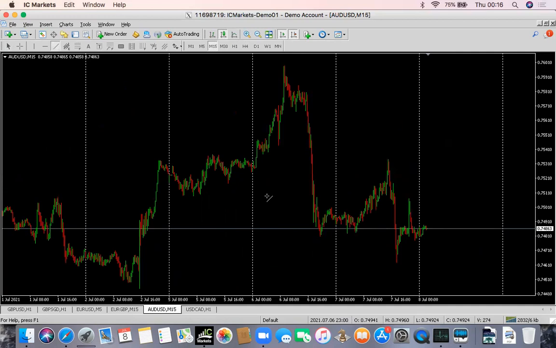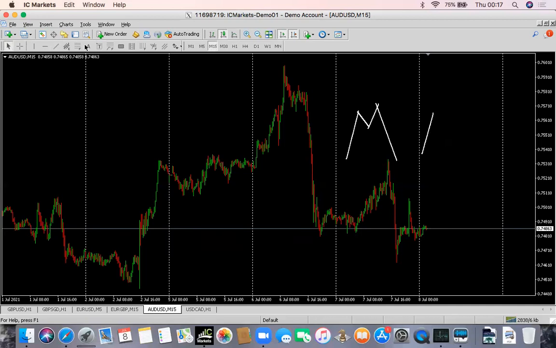Your first pair will look this way: a pullback, a break of the high, and a sell-off. Your correlated pair will look this way.